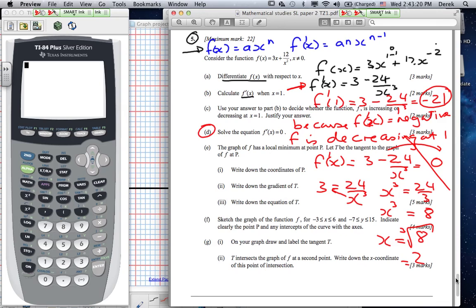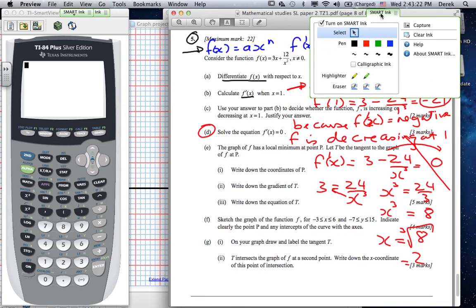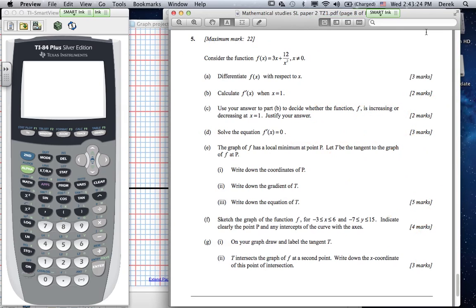I'm going to clear this off so I've got some space, and I will just rewrite this. This is an important one: f prime of x is equal to 3 minus 24 over x cubed, and also that x is equal to 2.